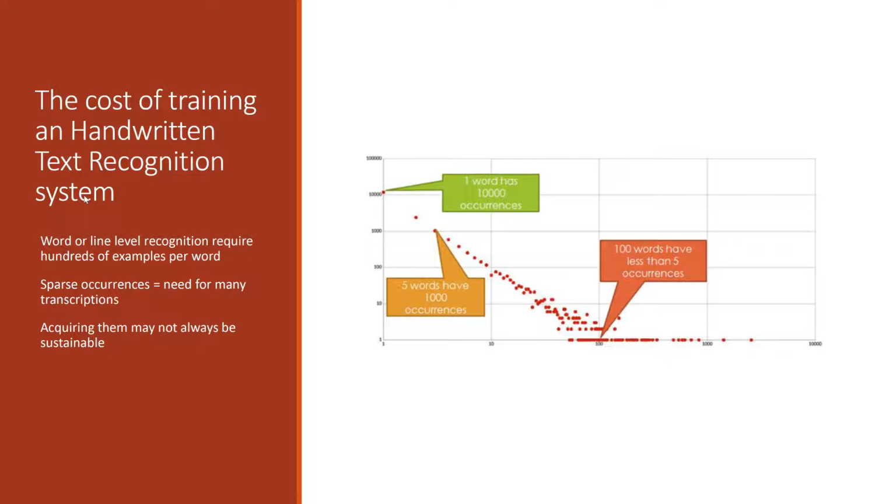And what we see here is that, in about 100 pages, only fewer than 10 words occur more than 100 times.